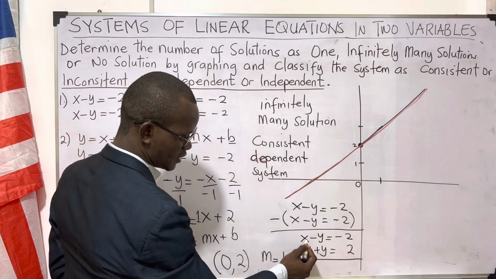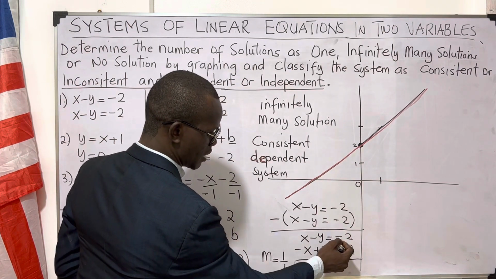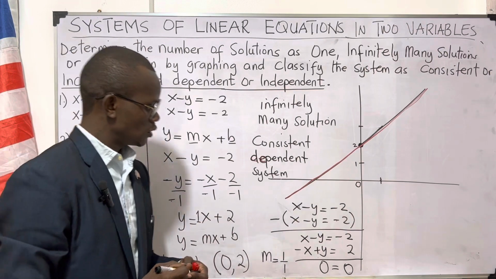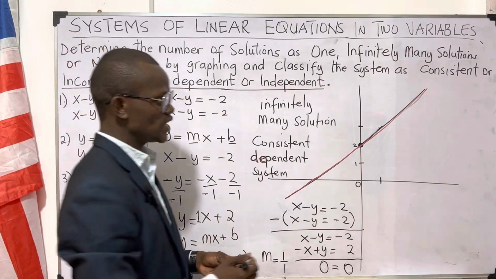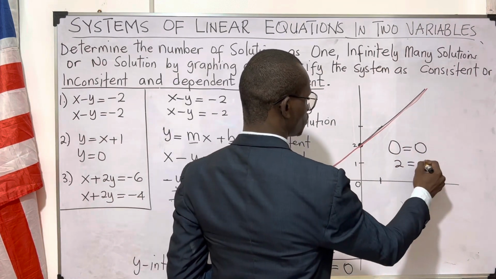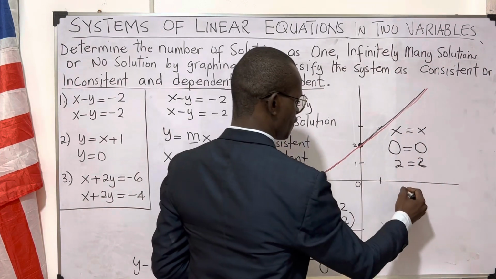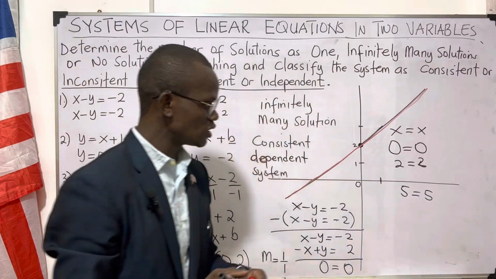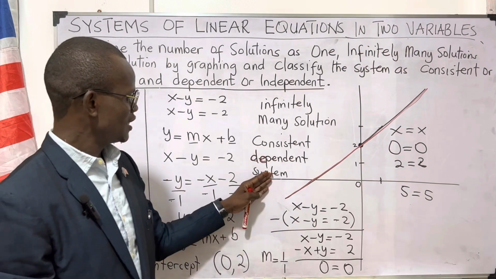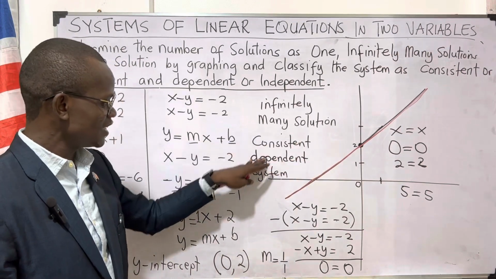You see that x cancels x, y cancels y, so this whole thing is 0, and minus 2 plus 2 is also 0. Whenever we solve a system of equations and end up with 0 equals 0, or 2 equals 2, or x equals x, or 5 equals 5, as long as both sides of the equation are the same value, it means you have infinitely many solutions and a consistent dependent system.